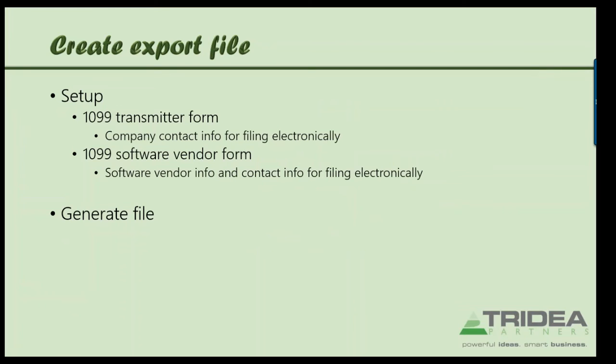There's a 1099 transmitter form, and that's where you set up your company contact info for filing electronically. There's also the 1099 software vendor form, where you specify whether you have an in-house or a third-party vendor software that you're going to use for transmitting the 1099 file electronically.